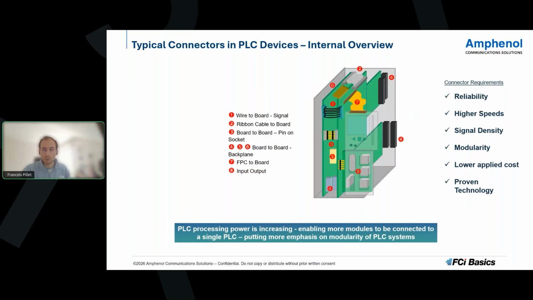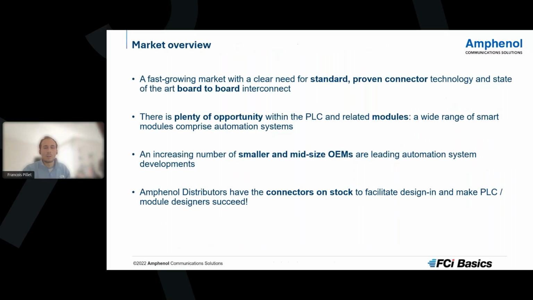Because of the growing processing power, more and more modules can be added to the system, meaning that modularity becomes a critical factor, like we mentioned earlier. From a market perspective, we can see that the PLC market is fast growing, as it favors standard, proven connector technology with state-of-the-art interconnect.